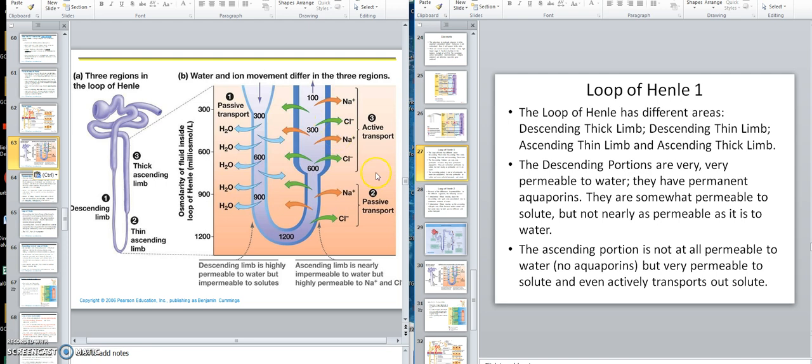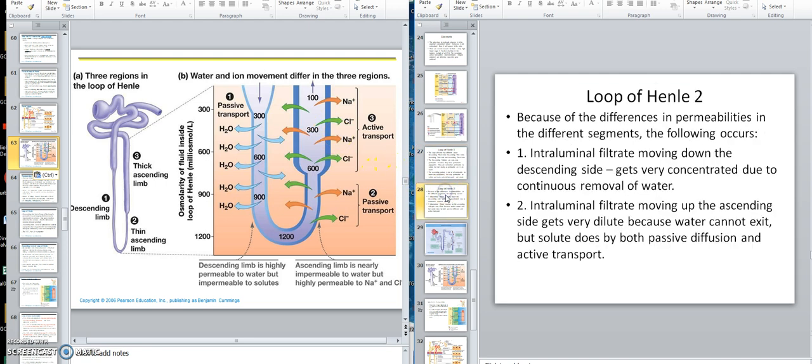Okay? So we go further, though. Because of the differences in the permeabilities in the different segments, the following occurs. The intraluminal filtrate, that means inside the lumen of the tube, moving down the descending limb gets very concentrated. See right here, these numbers are osmotic pressure numbers.